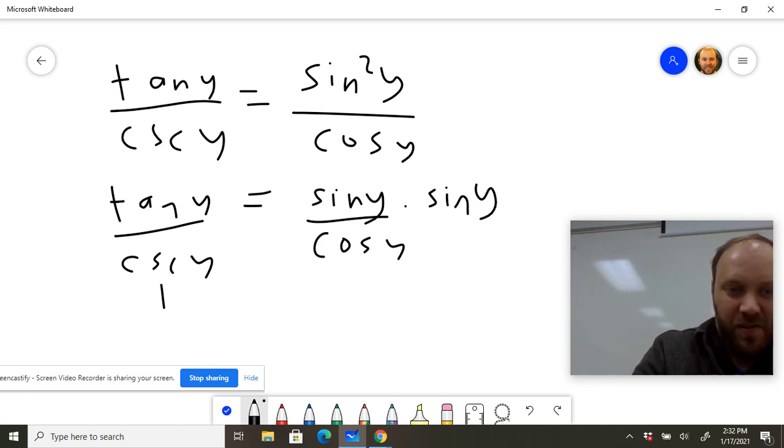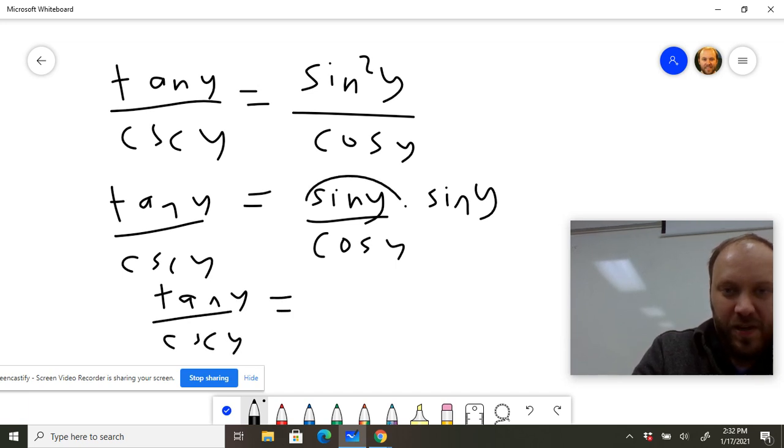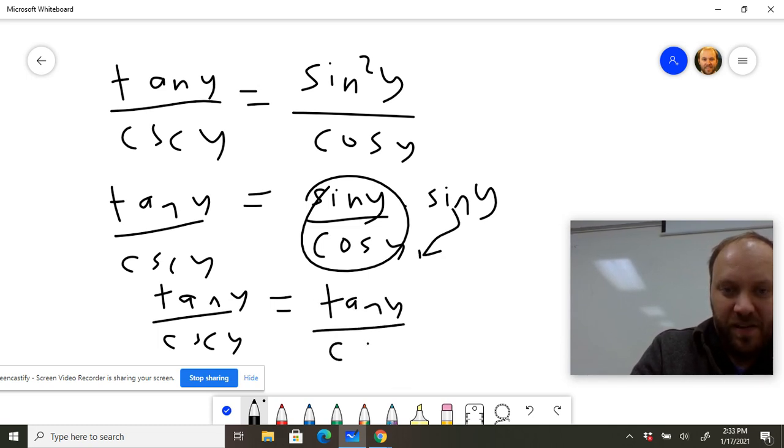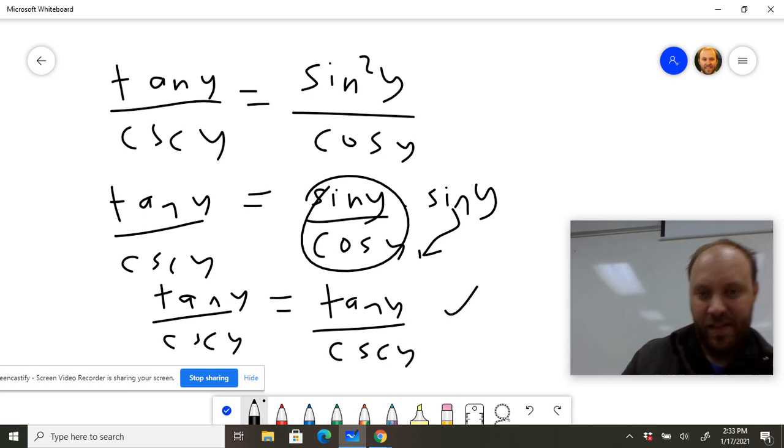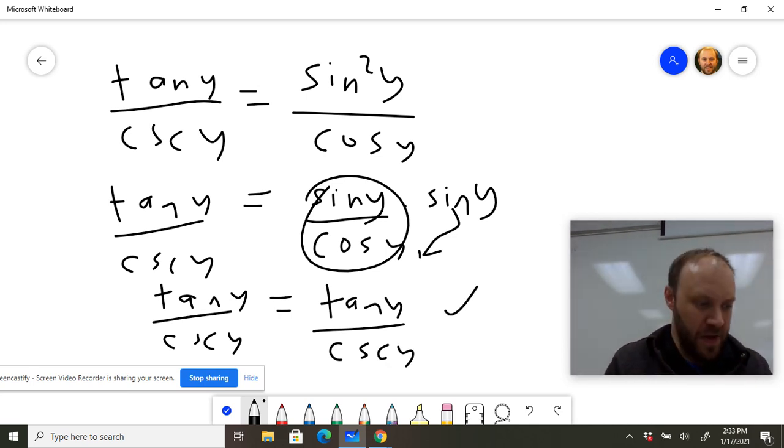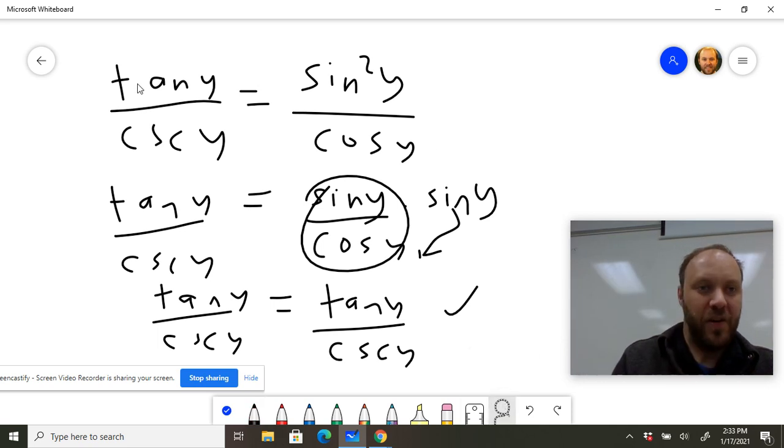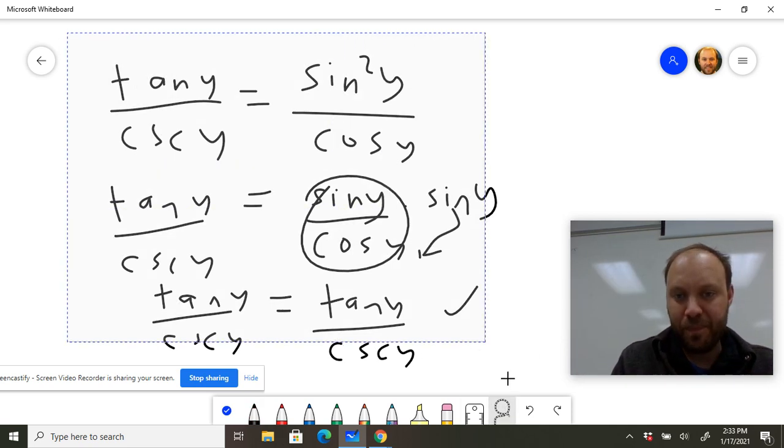Okay, so I guess, again, really it should be two lines, but I'm going to write this as tangent of y over cosecant of y is equal to tangent of y. This is going to move to the bottom as a cosecant of y. And then we have our statement checking out. Okay, so that's number 12. Hope that was helpful. If not, maybe you can go look at it again.